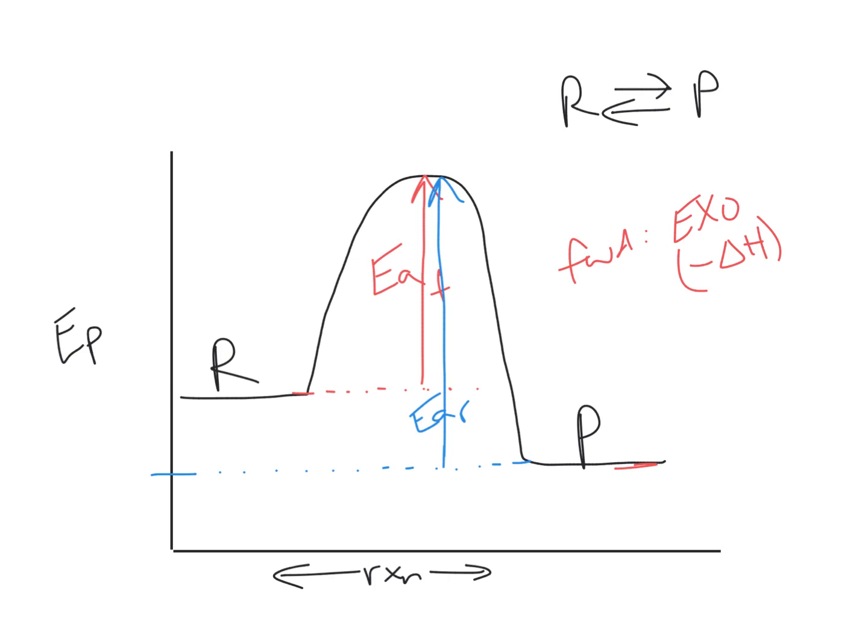In the reverse reaction, we would see that it is endothermic. Imagine going backwards: in the reverse reaction, we'd have to put energy in because those bond energies are higher back here. So that's endothermic, and it would have a positive delta H.